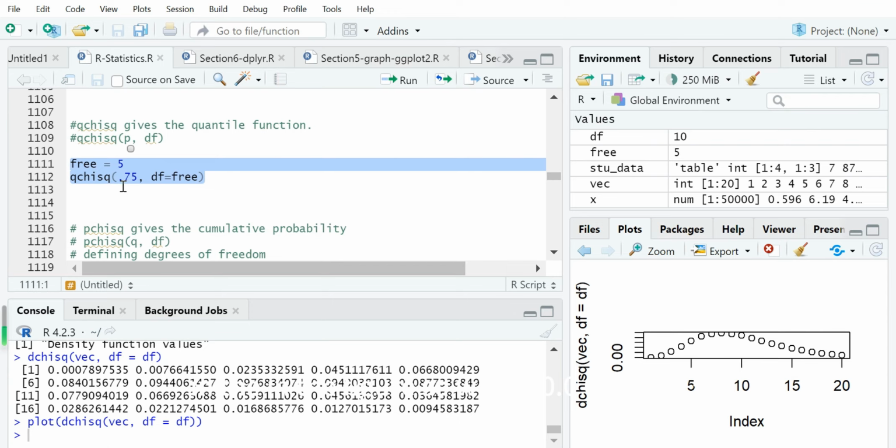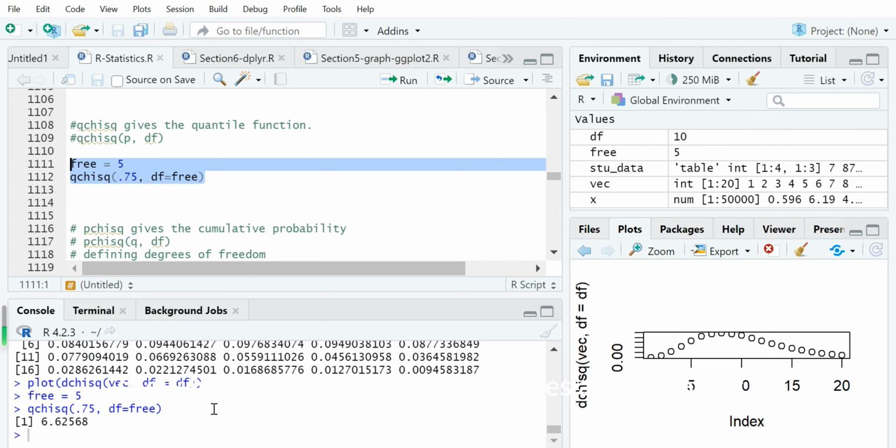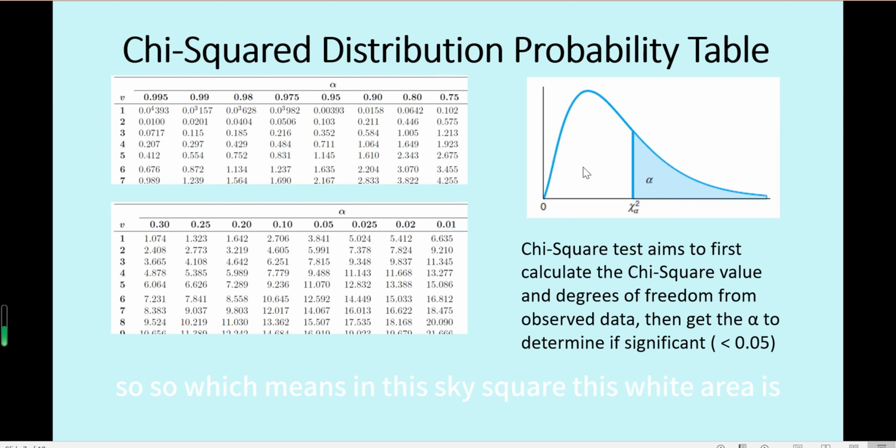So we set 0.75. Let's see how it goes. The critical value is about 6.62. Which means in this chi-square, this white area is 0.75 and this critical value is 6.62.